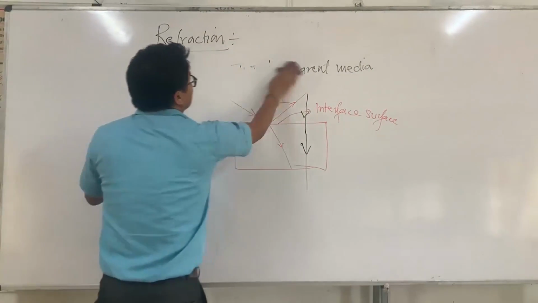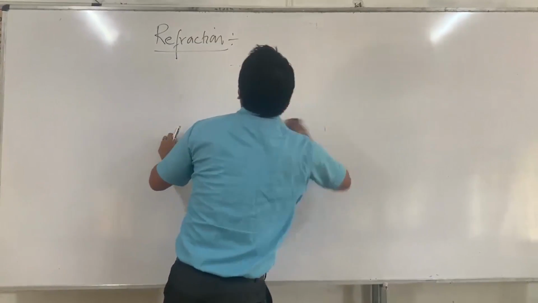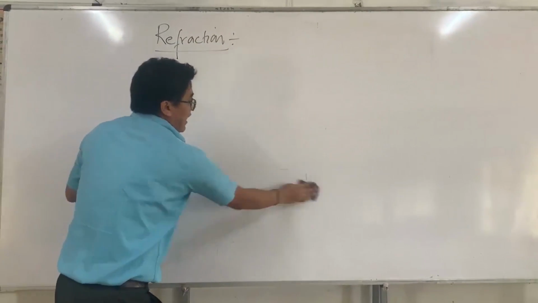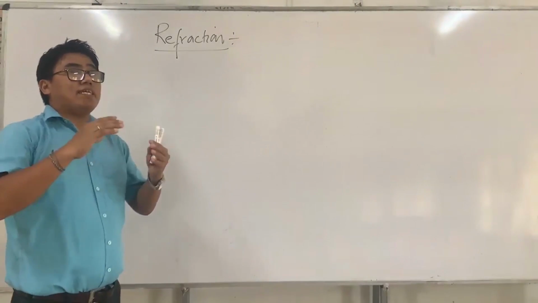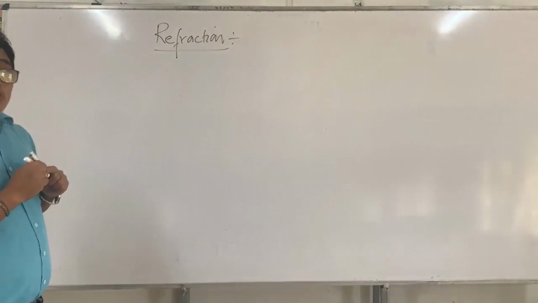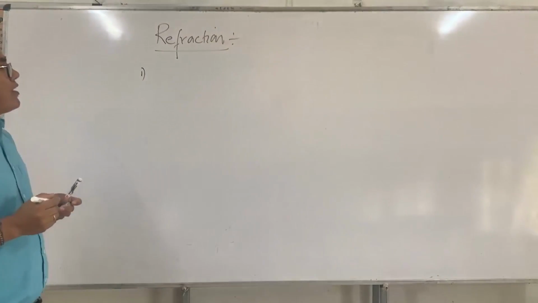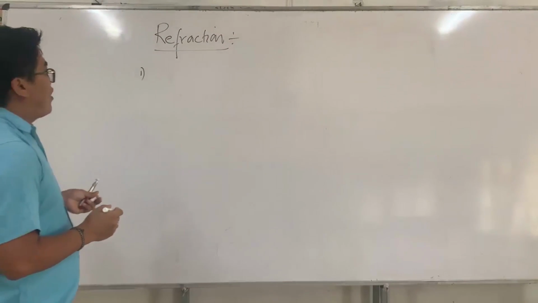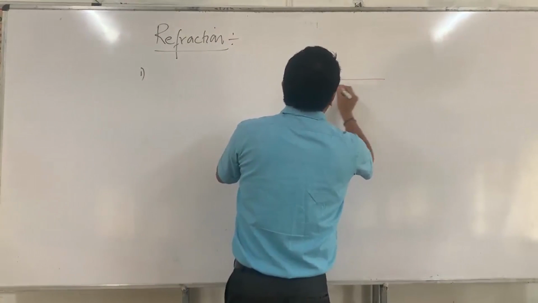So like reflection of light, in case of refraction, there are again two laws. All refraction taking place has to obey two laws. The first law is very similar to the laws of reflection.